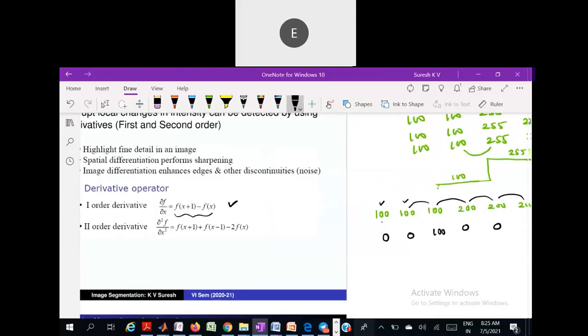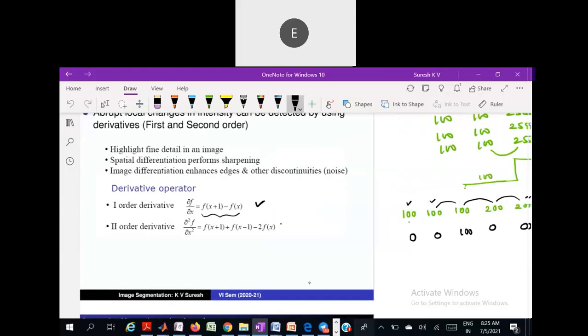We also saw in the previous chapter that you can go for a second order derivative. Look at the formula here: f of x plus 1 plus f of x minus 1 minus 2 times f of x. It would be good to start from this pixel, because you need f of x minus 1 also.